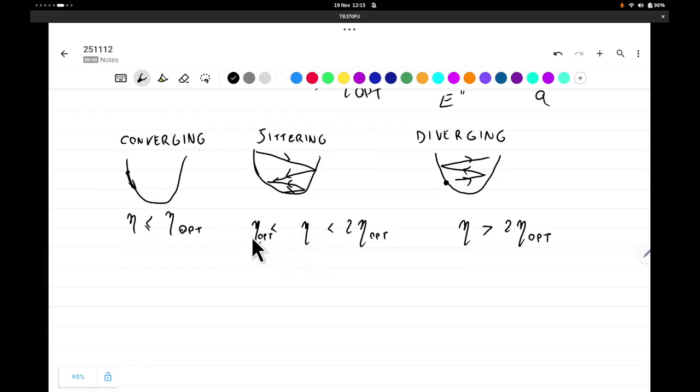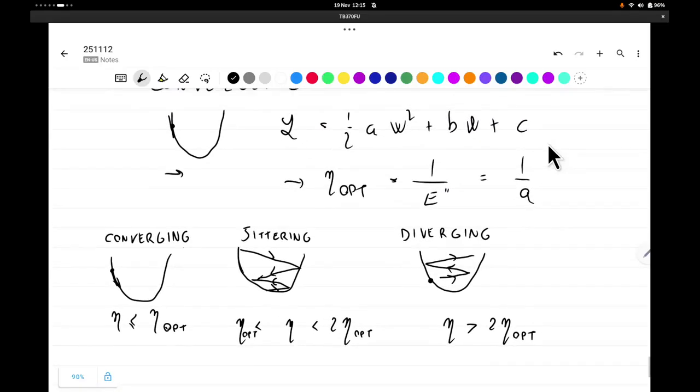If you are between the optimal and double the optimal, you will find a solution, but you will oscillate on the 2 sides for each dimension of the function. But if we are above that, we diverge, right? Because your prediction would let you jump further from the minimum, and this will cause the algorithm to explode, to diverge.